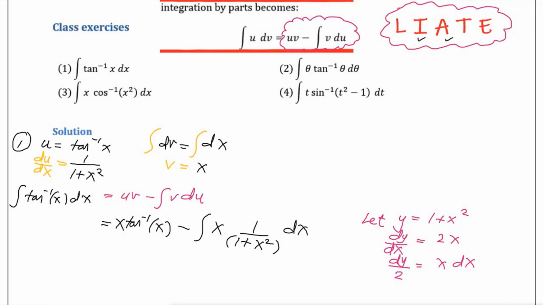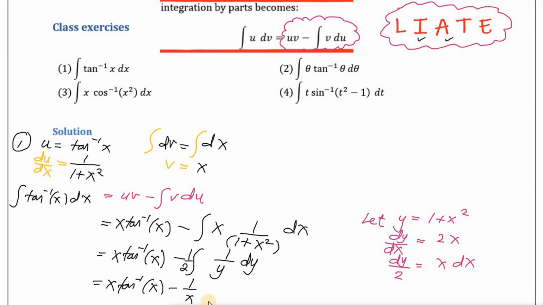Let me write back the question. So we have x dx being dy on 2. Let's put the 1 on 2 in front, dy, and this thing is 1 on y. So now the integral becomes easy.